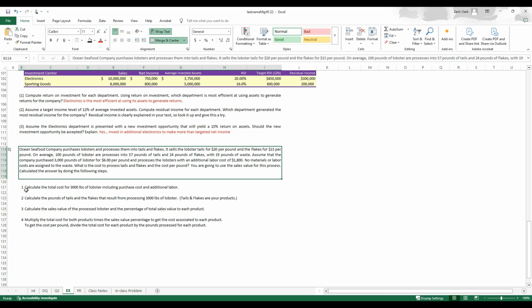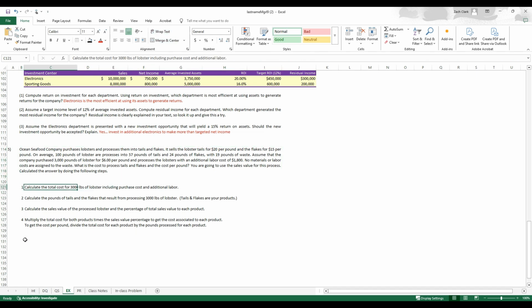Okay, so step 1, calculate the total cost for 3,000 pounds of lobster, including purchase cost and additional labor. So let's do cost of lobster, and it's 3,000 pounds. And it tells us above that it is $6 per pound. So we'll say times $6 per pound.